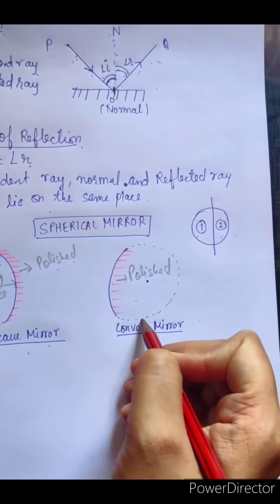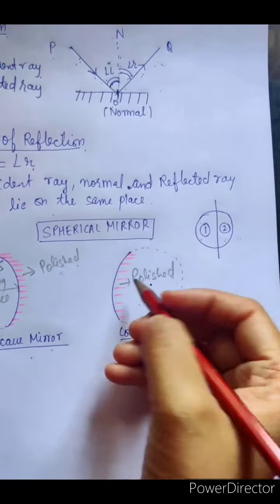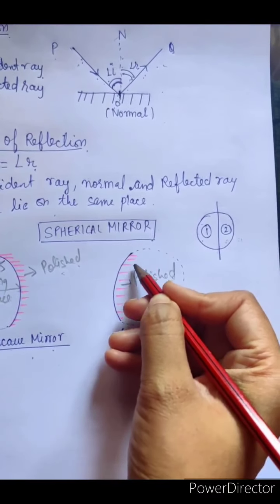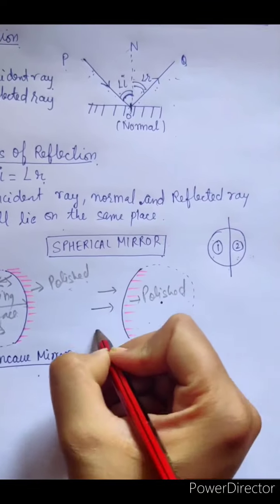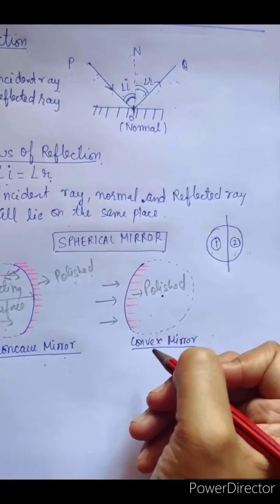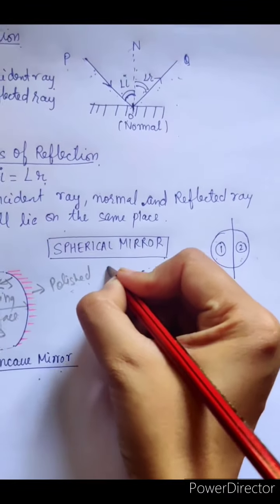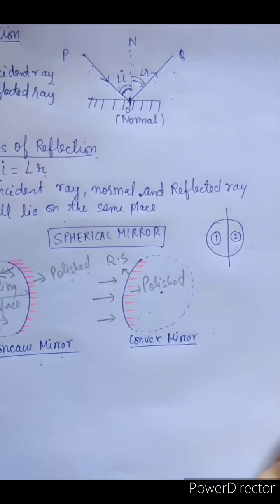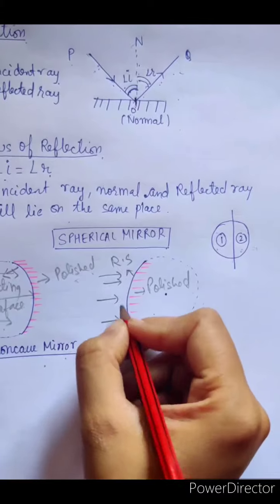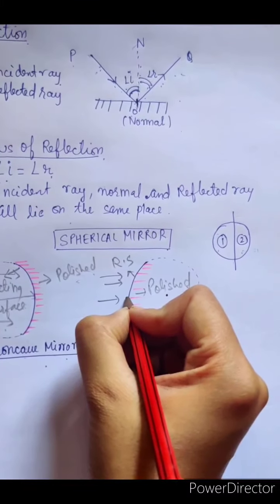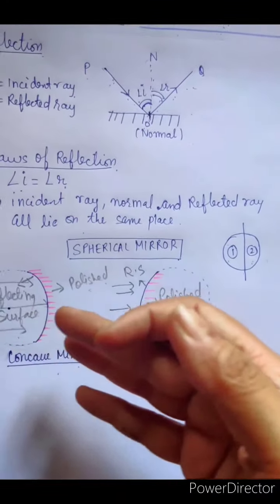When you cut this into two parts, the inner side area we will polish, and this outer surface will act as the reflecting surface. Here, this is the reflecting surface. All the light rays will fall on this surface, and after falling on it, they will undergo reflection.